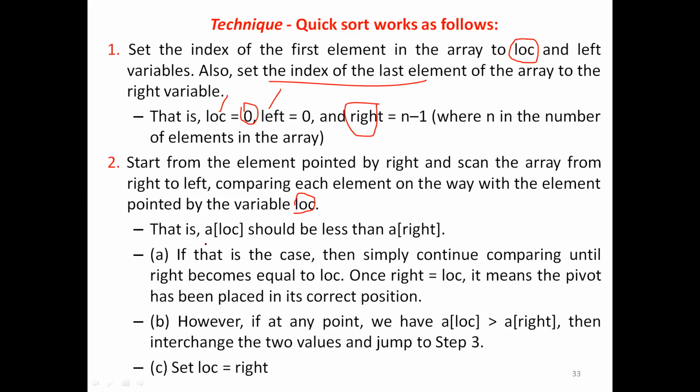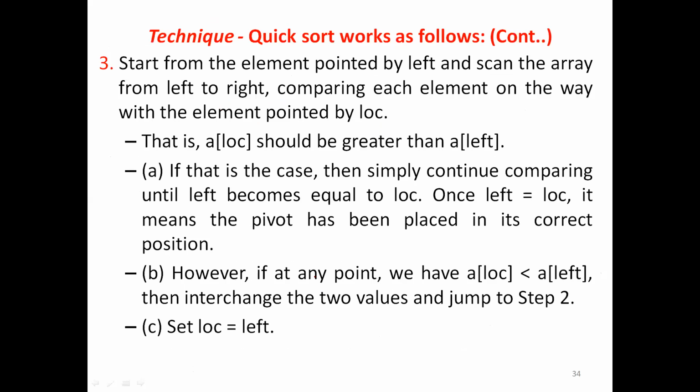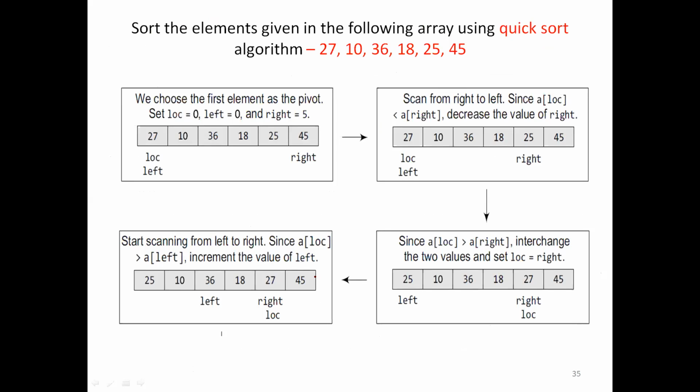That is, array of LOC should be less than array of right. If that is the case, then simply continue comparing until right becomes equal to LOC. I will show that diagrammatically here, because it will be easy for you.